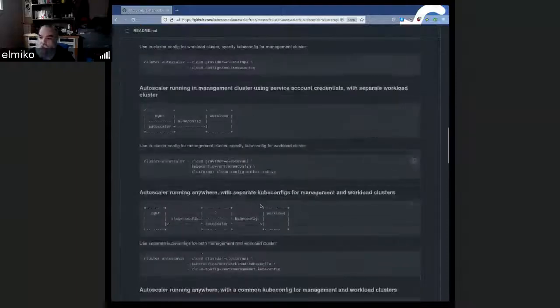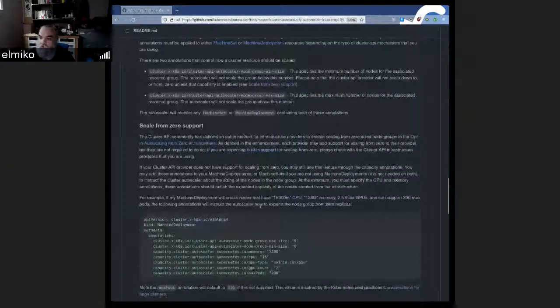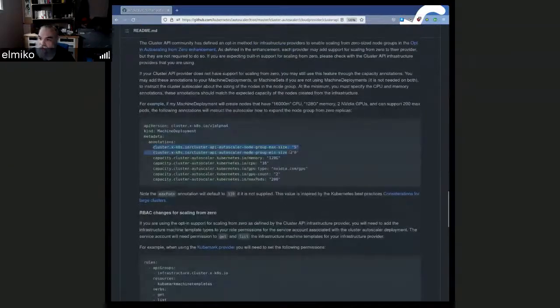When you add the scaling annotations to your machine deployments or machine sets, this is how the Cluster Autoscaler will identify those node groups. So it is reconciling all machine deployments and all machine sets, and when it sees these annotations present, it knows to include that node group in autoscaling. Does that answer the question, Fabrizio?